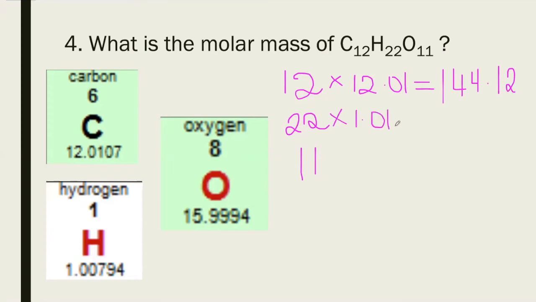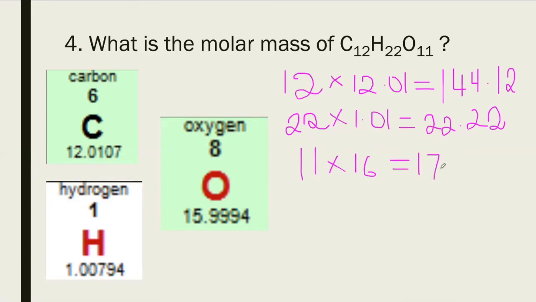And then we have 22 times 1.01 hydrogen. So that will give us 22.22. And then 11 times 16 will give us 176.